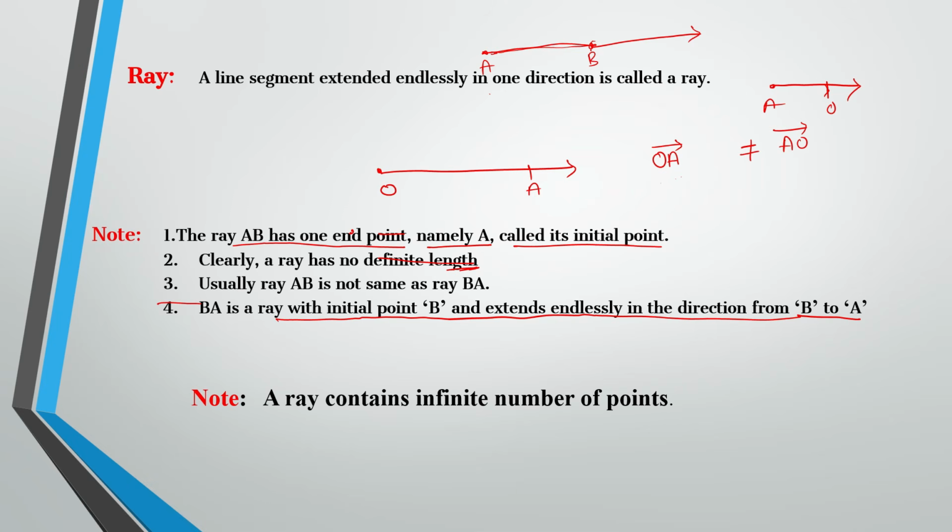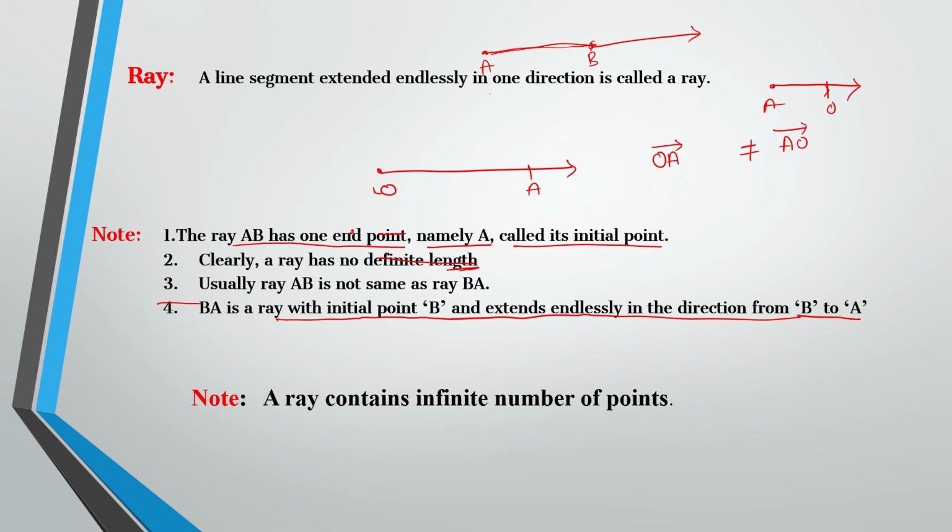One more important concept about a ray: can we draw a ray on a paper? You might be supposed to say yes, but it is wrong. We cannot draw the ray. A ray should extend endlessly, but we are representing it. It is just a representation.